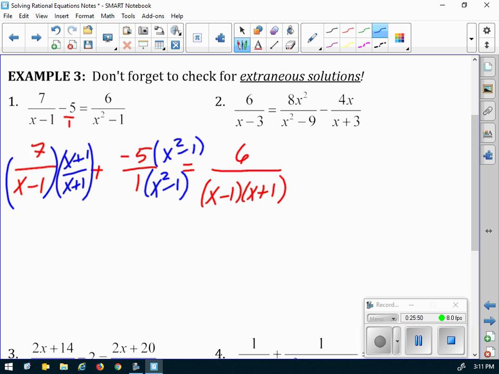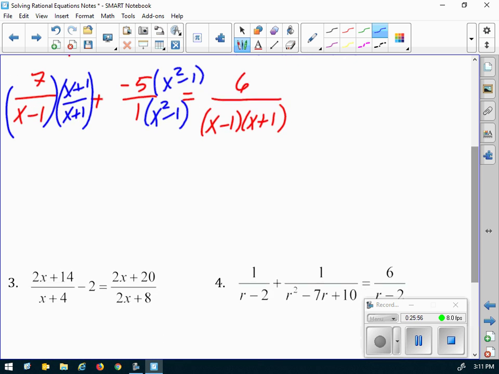What does the one with the 6 on top need? Nothing, right. All right. The hard part is done. Do you notice I have a common denominator? All three of those fractions have the same denominator. When I have a common denominator, then I can add the numerators, right?